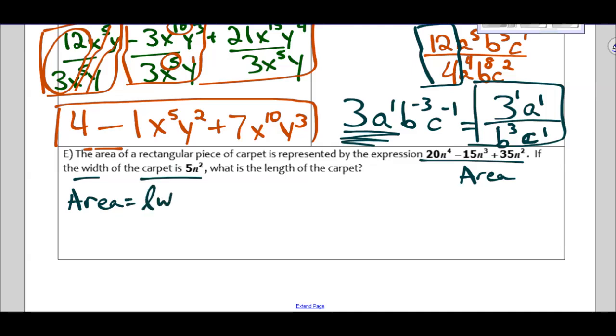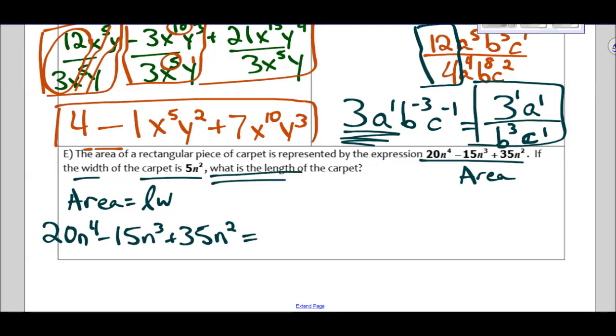So they're saying the answer to this is 20n to the 4th minus 15n to the 3rd plus 35n squared, and that equals length times width. We don't know what the length is. What is the length? We don't know that yet, but we know that the width is 5n squared.